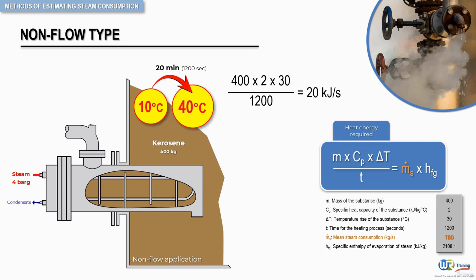Assuming the tank is well insulated and heat losses are negligible, then the heat energy required and the heat energy supplied by steam are equated. Thus, the right-hand term of the equation also equals 20 kJ per second. Therefore, the steam consumption rate is as follows.